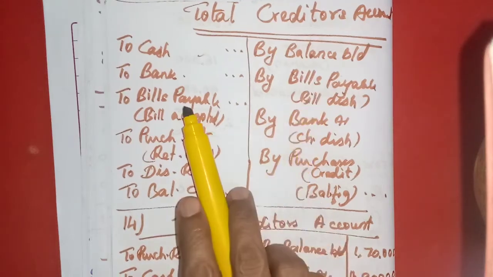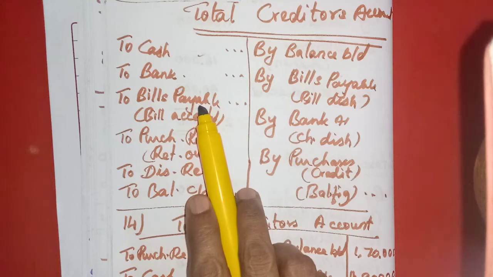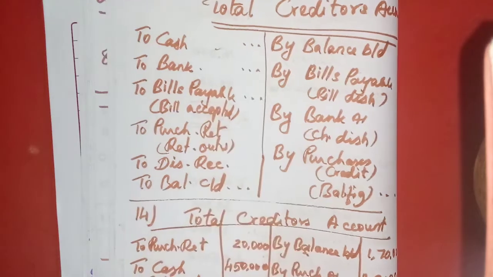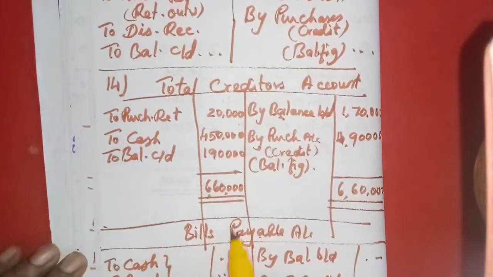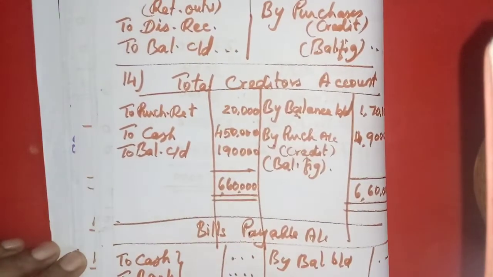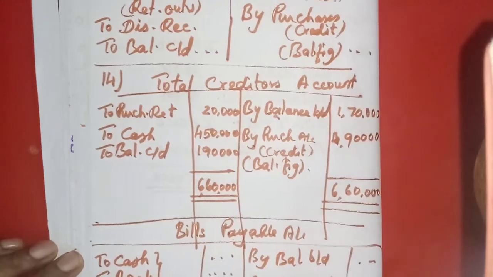Bills accepted, you see, then creditors account debtor to bills payable. These two only we got to write extra. Okay, so I think we can do the next problem.